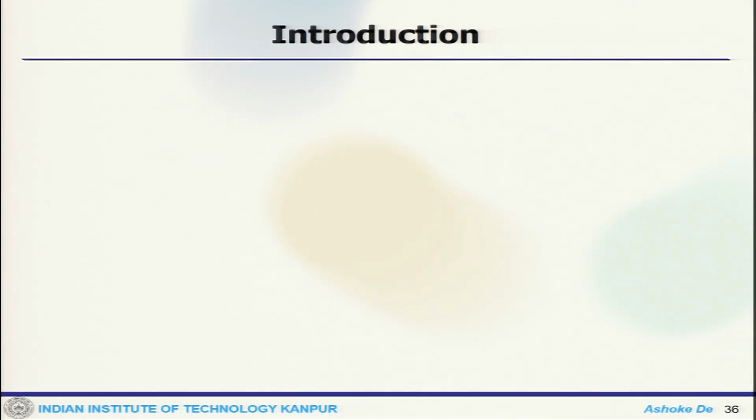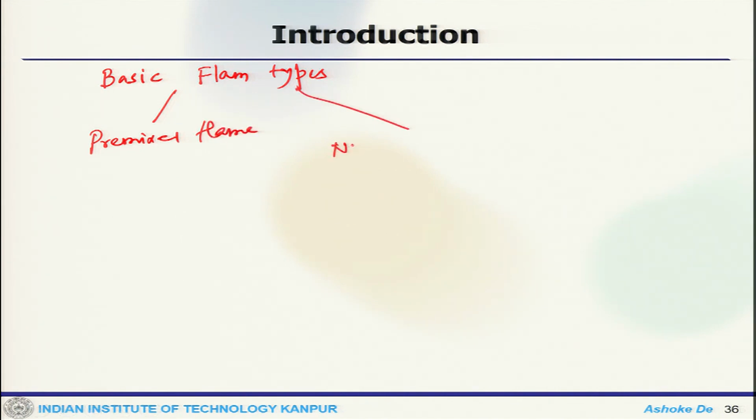Now, we can come to some of the basic flame types. One of the systems could be a premixed flame. Then one can have a non-premixed flame.